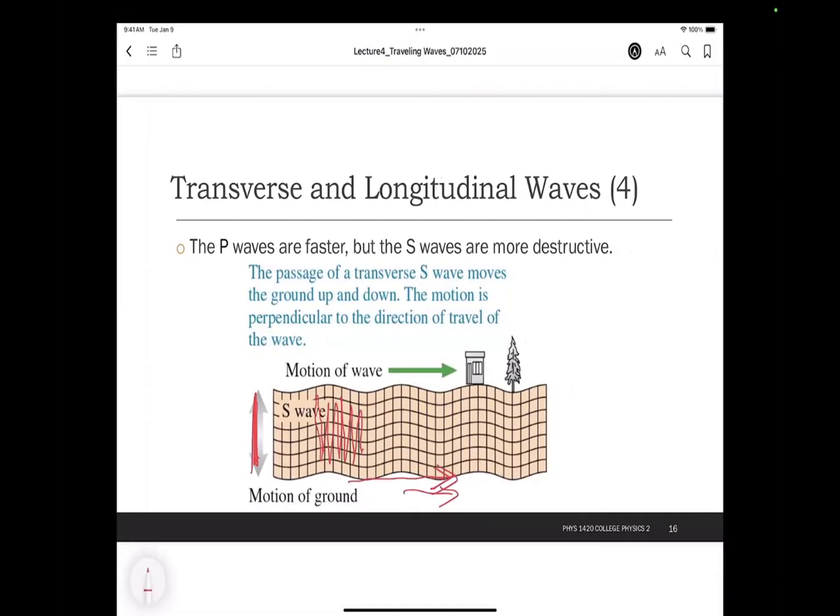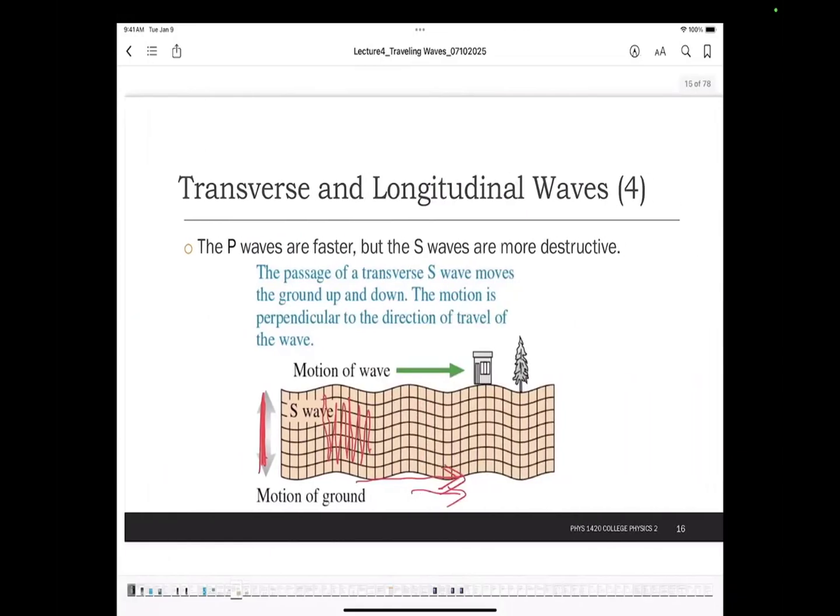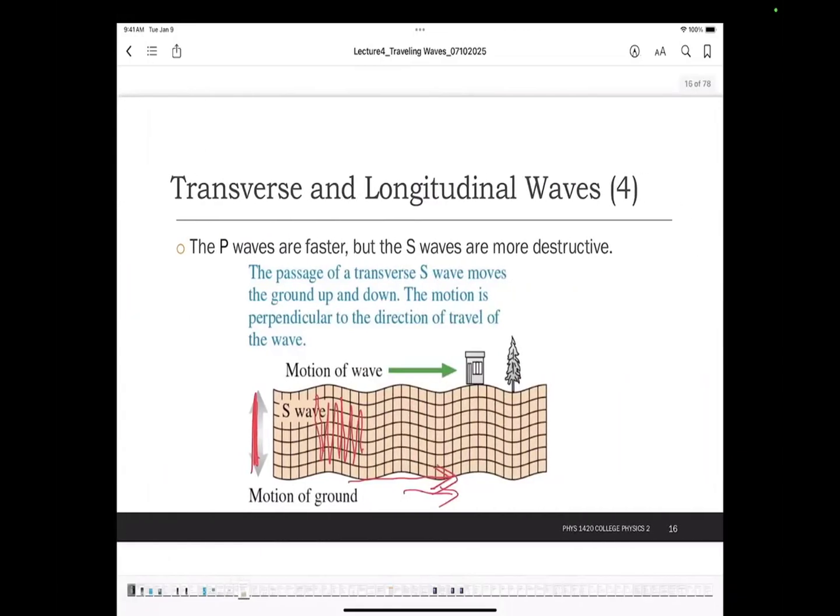Actually, the P wave, the longitudinal wave, travels faster. But the S waves are more destructive because the S wave goes up, down, up, down, up, down, and then it will make the building collapse.